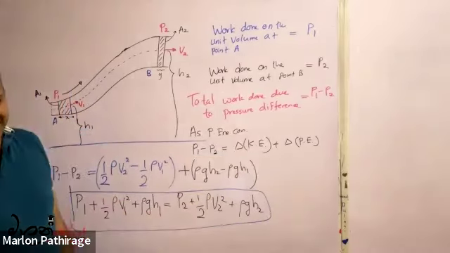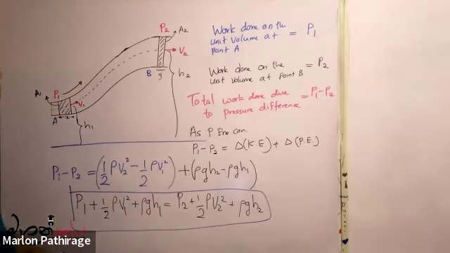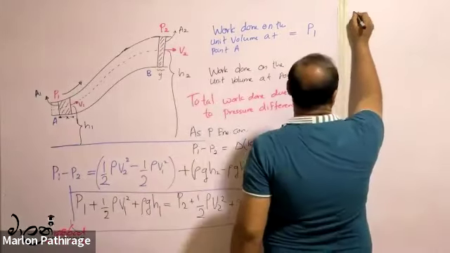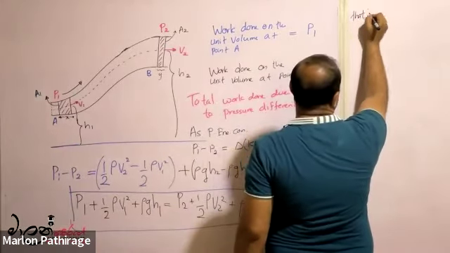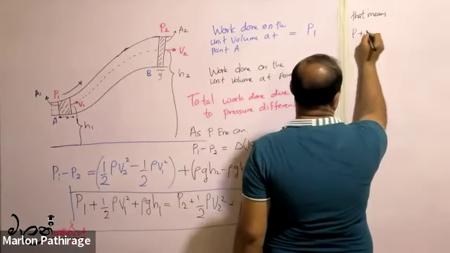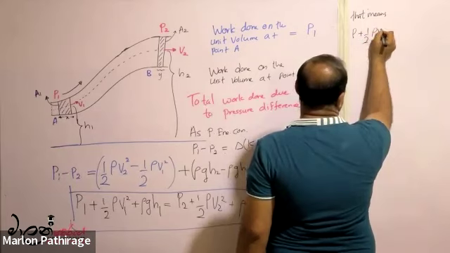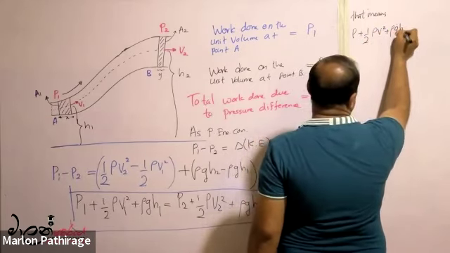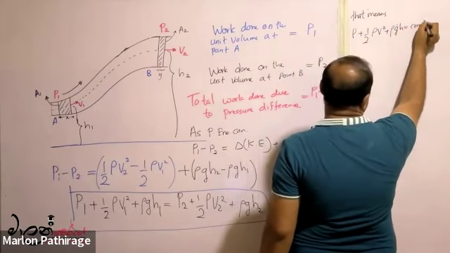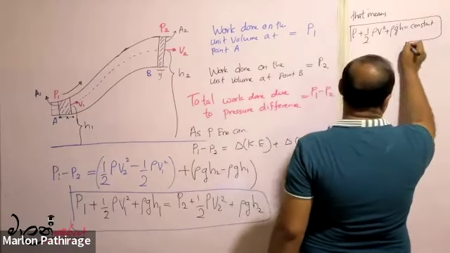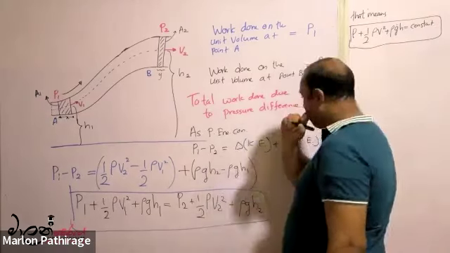Okay. Then I can write that means pressure plus half rho V square plus rho GH is a constant.